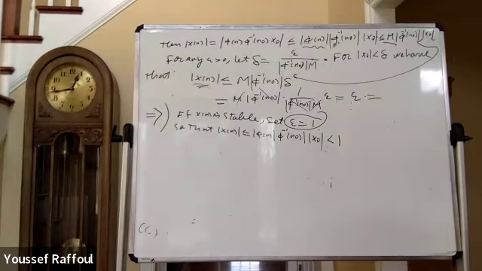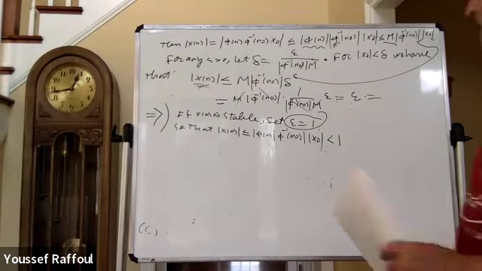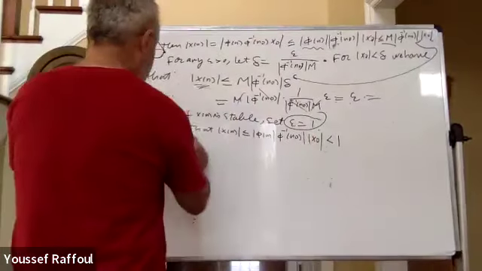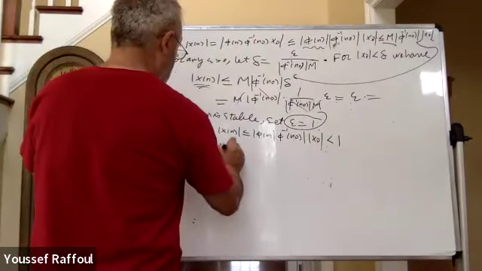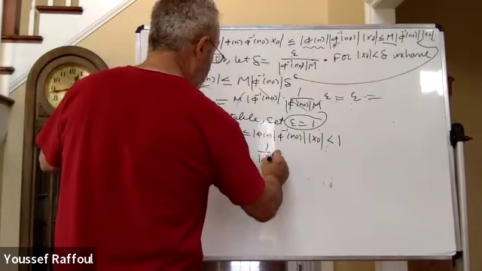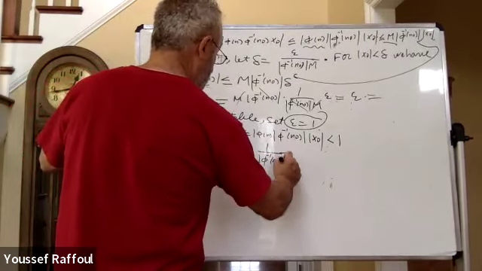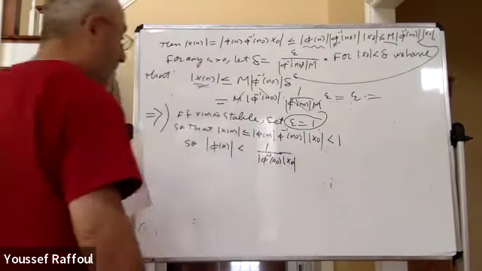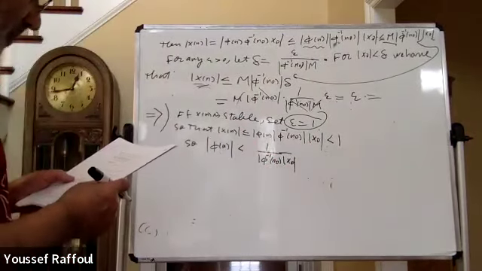Okay? And so phi_n is less than 1 over phi inverse of n_0, x_0. Okay?